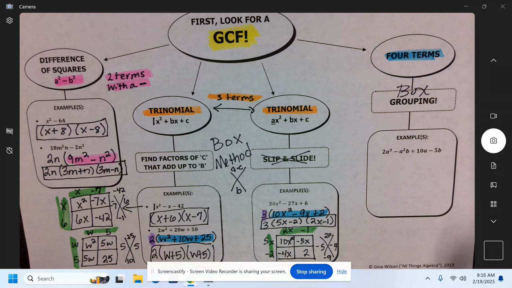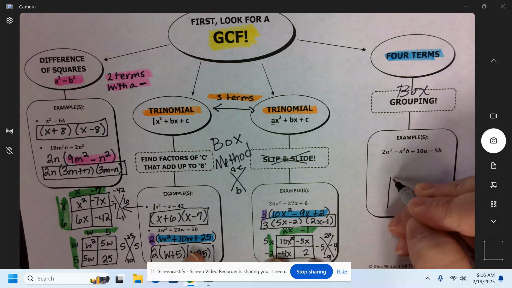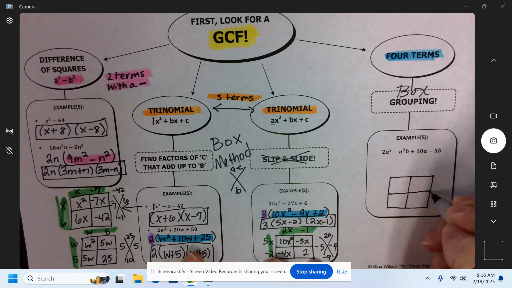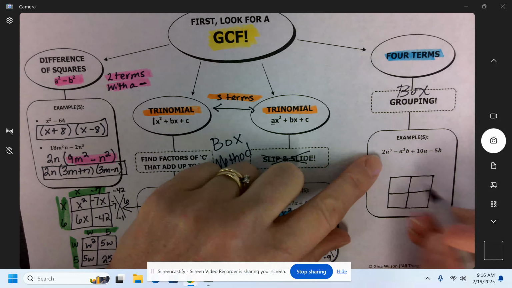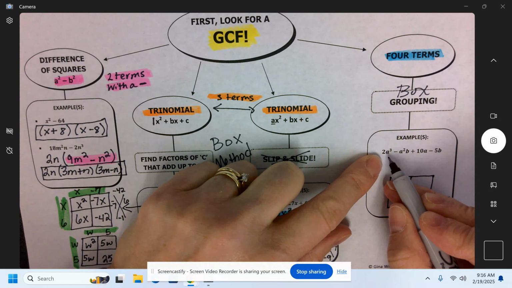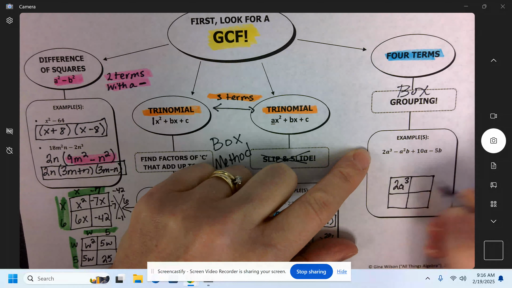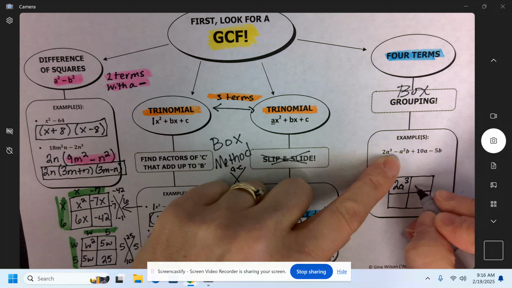The nice part about this one is we don't have to figure out what to put in the box. We already have all 4 terms that go inside of our box. So we're going to draw our box and we're going to put all these in. I usually start in the top left of my box with the first term, so 2a cubed, and then I just fill them in order as they come.